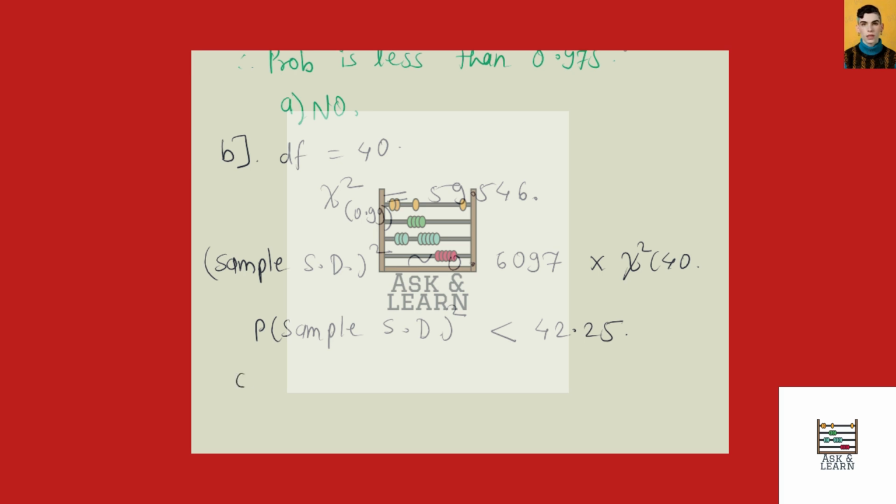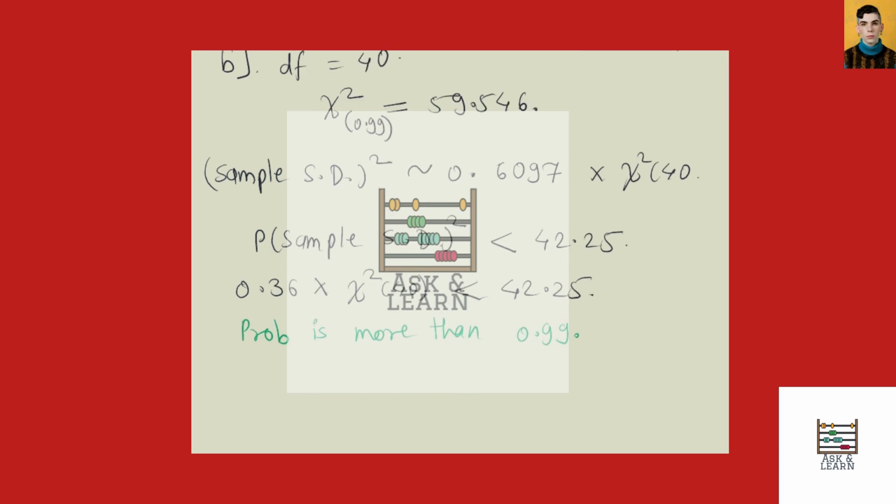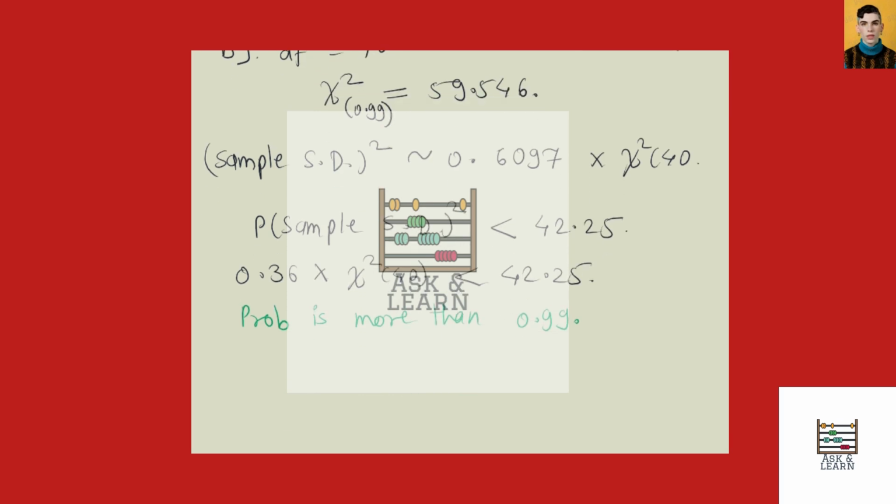So therefore 0.6097 multiplied by chi-square of 40 is less than 42.25. So the probability is more than 0.99. Therefore the correct answer for this question is yes. For B bit the answer is yes.